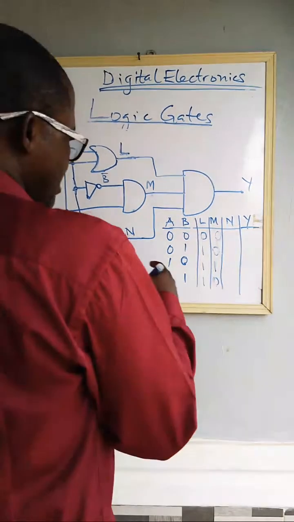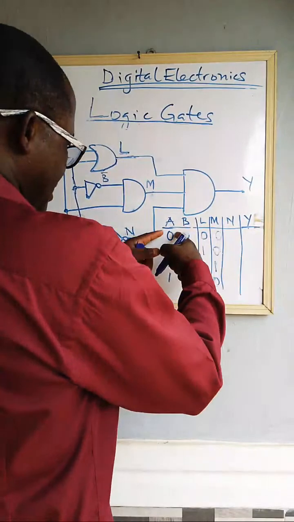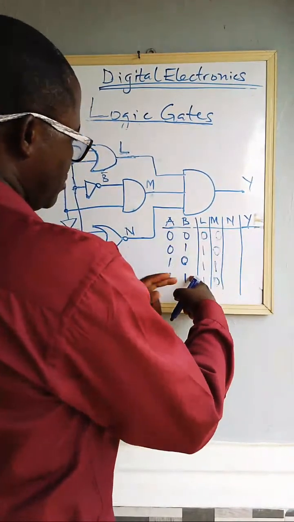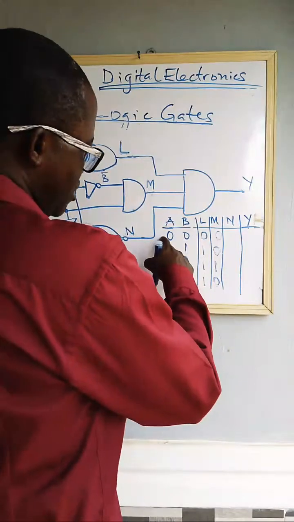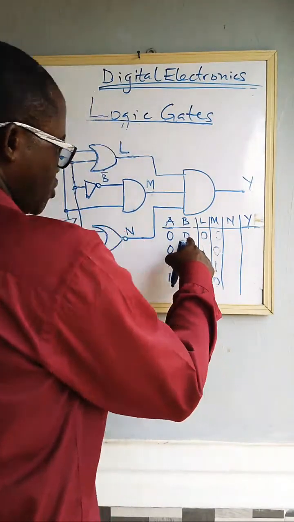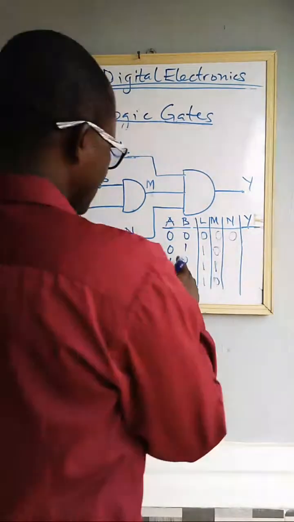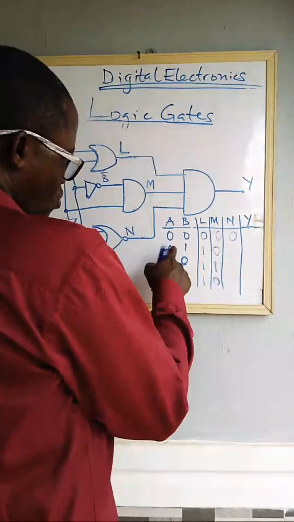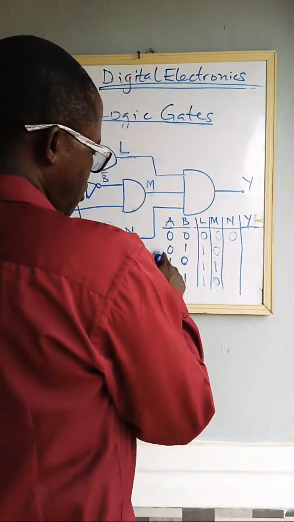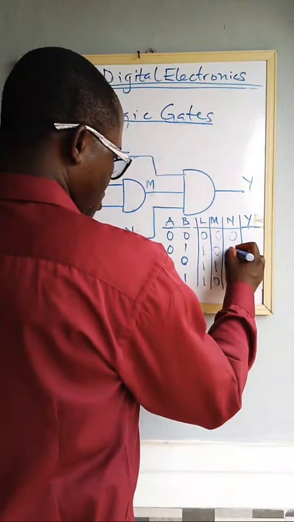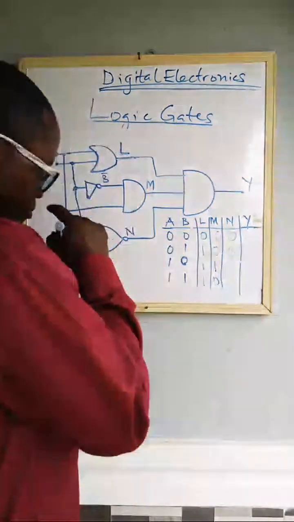So let's look at it. We're going to look at A bar, that is inversion of this column, with this column. Inversion of A will be 1. 1 and 0 will give us a 0, a NOR gate. Inversion of this is 1. 1 and 1 supposed to give us, if it's an ordinary OR gate, it will be 1 for here.